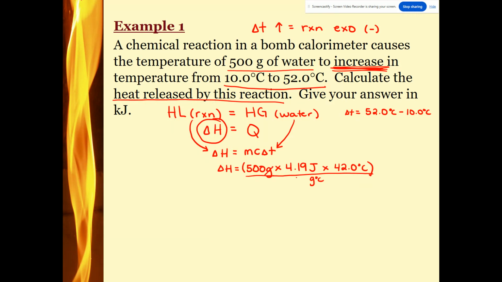I'm just looking at how my grams cancel and how my degrees Celsius cancel to remind me that I'm getting an answer for delta H in joules. So in my calculator, I'll go 500 times 4.19 times 42, and that gives me my enthalpy change in joules. That's an 8. That doesn't really look like an 8. So let's try to make that look a little neater.